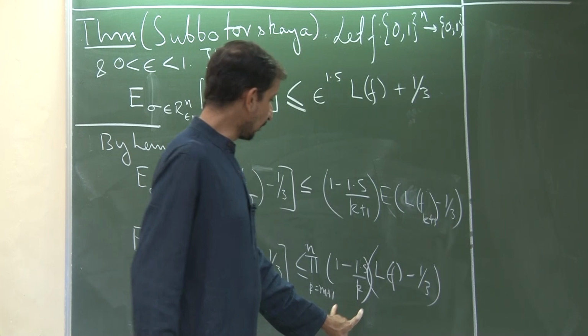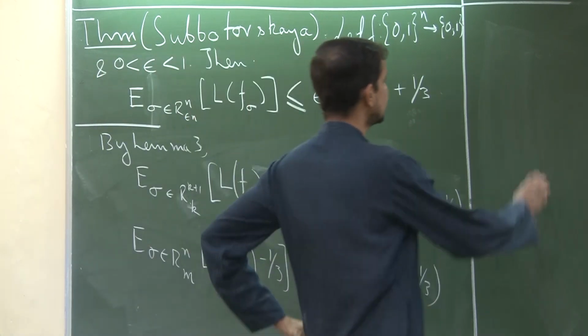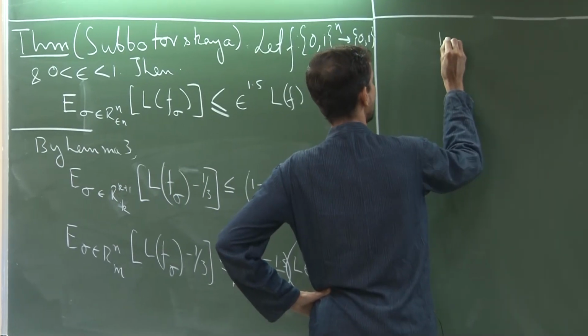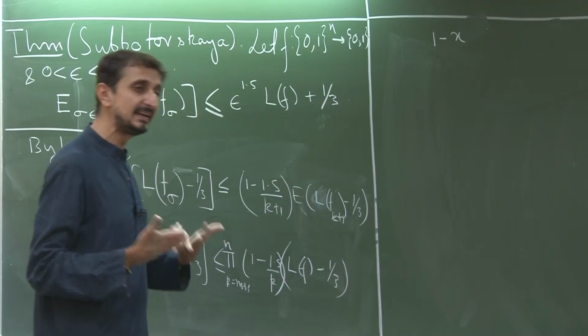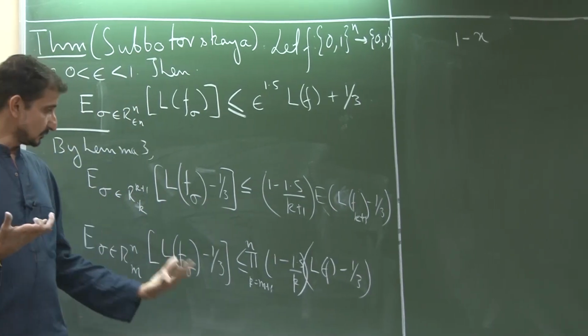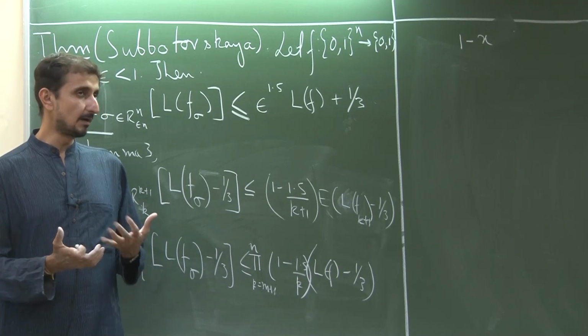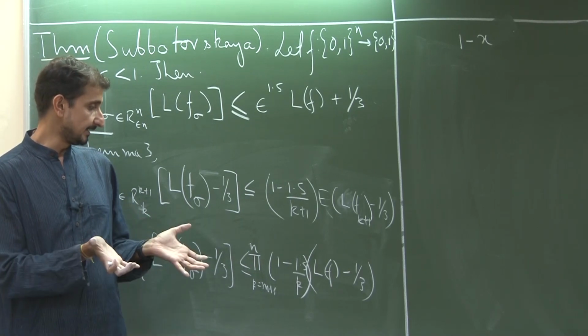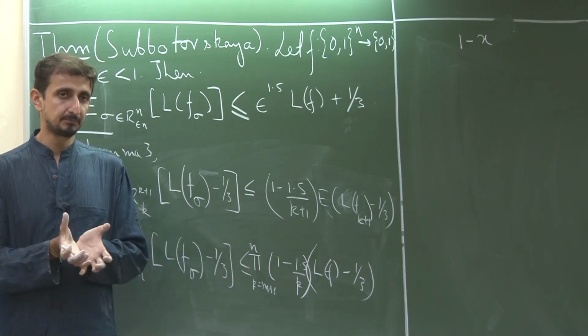So, this quantity, what does this evaluate to? What kind of inequality do I need to use over here? I have some products, and I want to bound these products by some function of n and m.